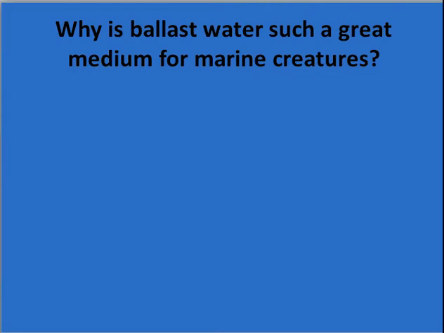If we think about the life histories of marine organisms, and for the most part when we talk about invasive species with ballast water, we're talking about marine invertebrates. Think back to your invertebrate biology courses that you've had.